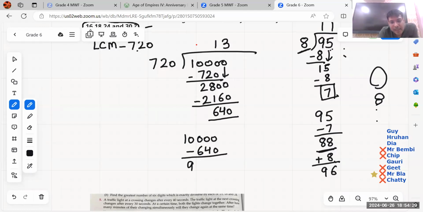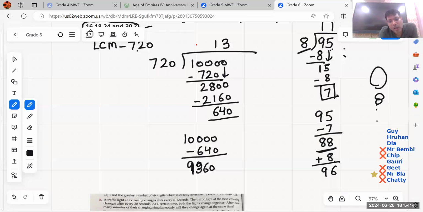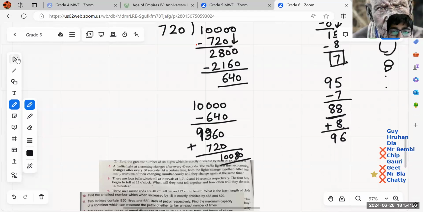I will subtract 640 from here and get 9360, and then I will add 720 to it. So I will get 10080. So this will be my answer. Understood? Yes, sir.